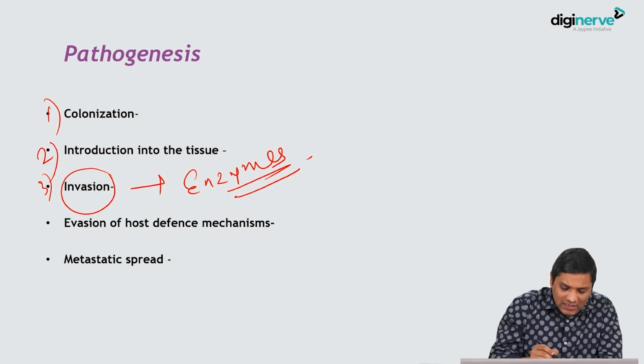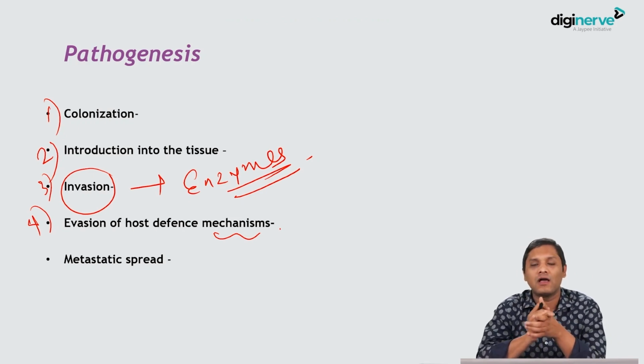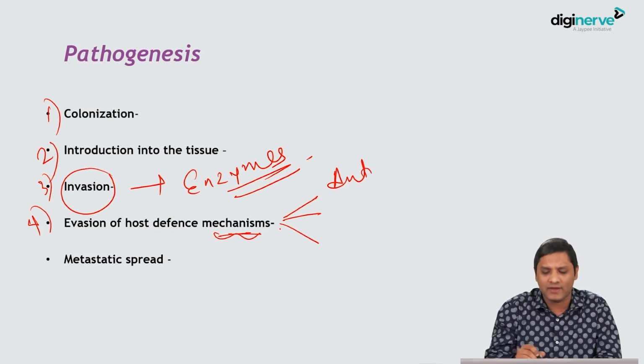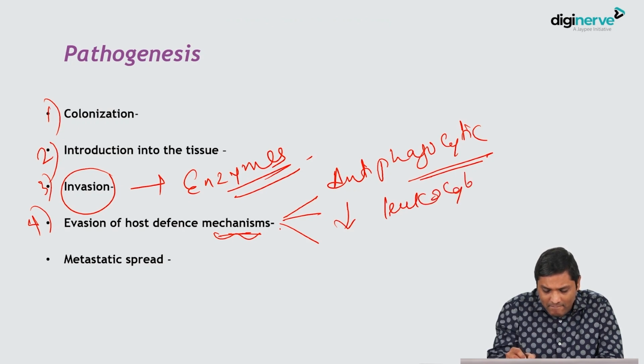The next event is evasion of host defense mechanisms. Once Staphylococcus aureus is present inside the body, it should be able to evade the host defense mechanism, and that happens again through the various virulence factors. You know that Staphylococcus aureus virulence factors are antiphagocytic in nature. They will inhibit leukocyte migration, and they will be able to survive intracellularly.